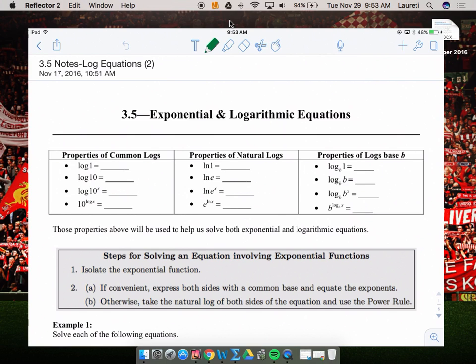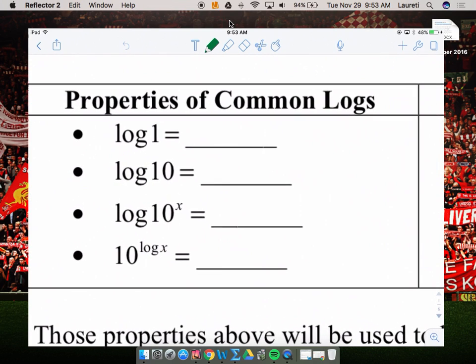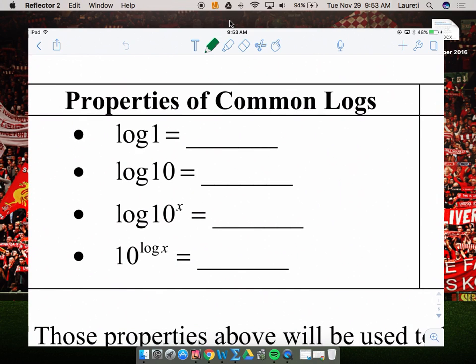So these are what I have there at the top. They're pretty easy. We should already know them, but they should help us eliminate some things. Right. So obviously, common logs, right? Your base every time is what? Is 10, right? So log of 1 is going to be what? 0. Right?